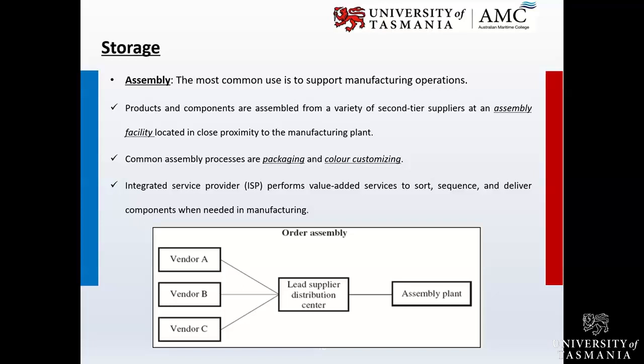There are an assembly plant and an assembly warehouse or assembly point close to the assembly plant, and the component parts are shipped from different vendors, multiple origins. Components are shipped from multiple origins to the assembly warehouse and then to the assembly plant.